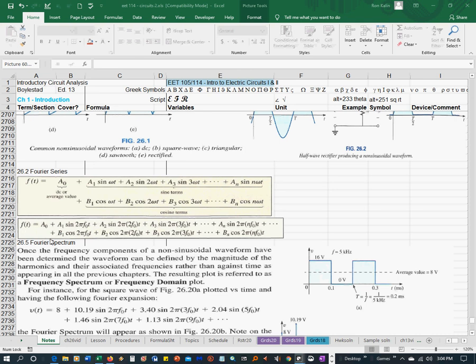Now this is a simplified way to draw it and write it out. Omega is 2 pi f, and in the case of this particular equation, it's f sub 0. What is f0? F0 is the fundamental frequency, the frequency on which all these other sinusoids ride.